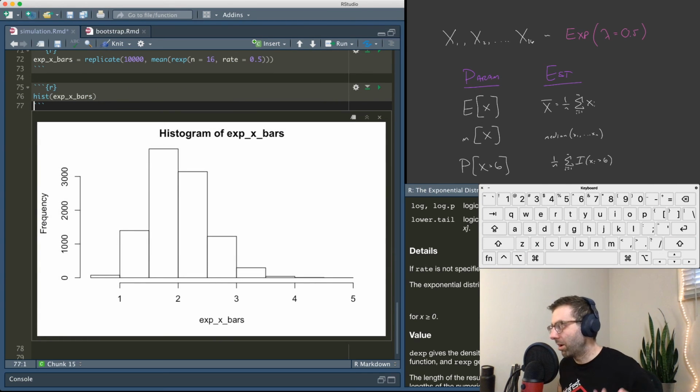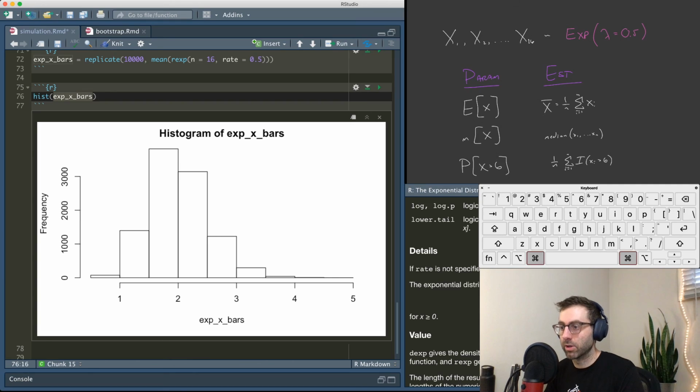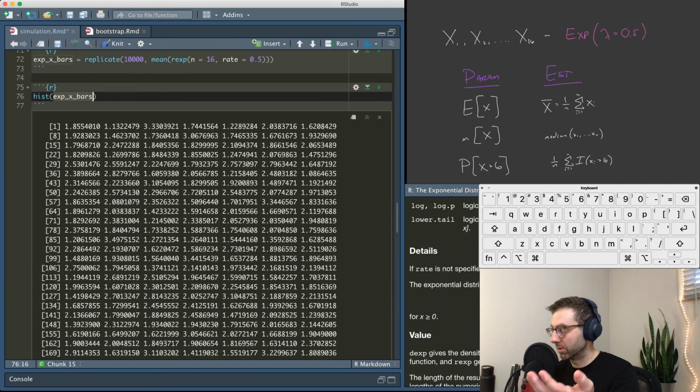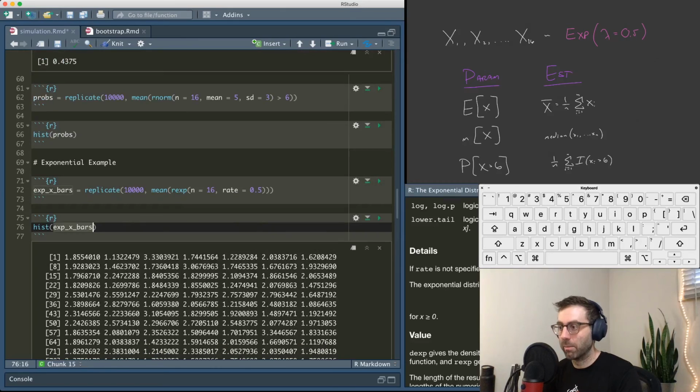It's unimodal, but not quite symmetric, so I wouldn't call this normal. I don't know exactly what the distribution of X bar is, but when the rate parameter is 0.5 and the sample size is 16, this is a reasonable estimate for the distribution of that thing. So again, the empirical distribution using these would be how to do that.